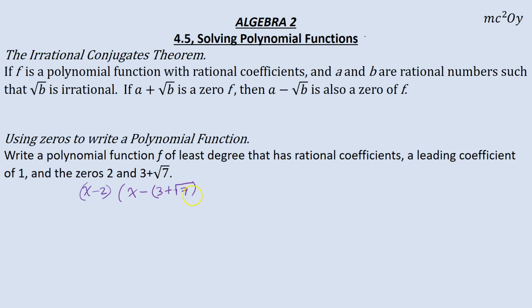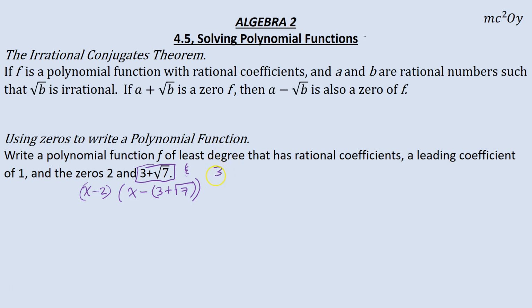Okay, I'm going to put that in parentheses. Okay, and then remember, the irrational conjugates theorem just says, well, if 3 plus root 7 is a solution, then I automatically know that 3 minus root 7 also has to be a solution.